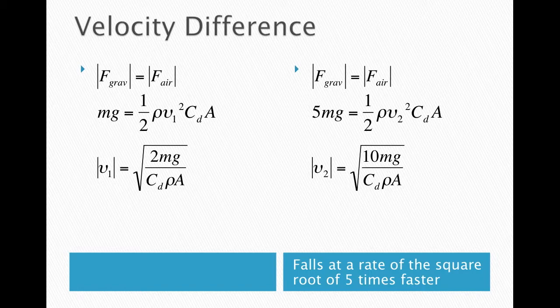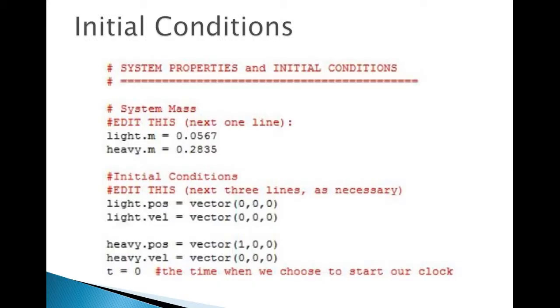When you algebraically manipulate both sides of the equations, you can compare the two answers, and you would eventually find that the heavier object falls at a rate of the square root of 5, or the square root of the ratio of the two masses.